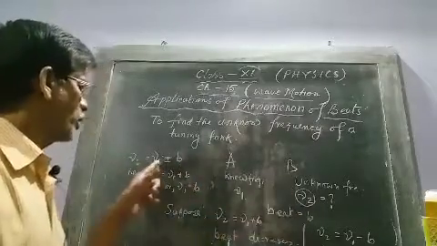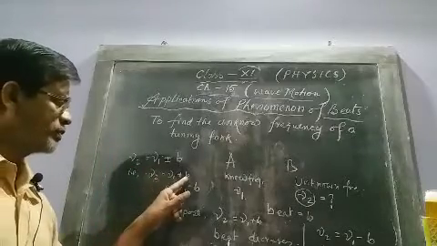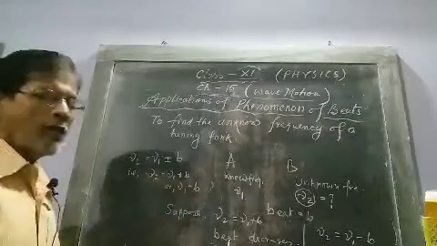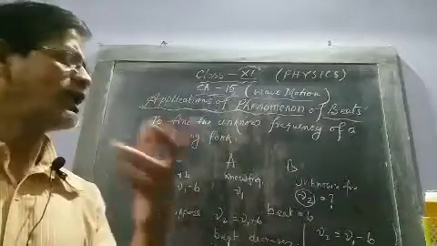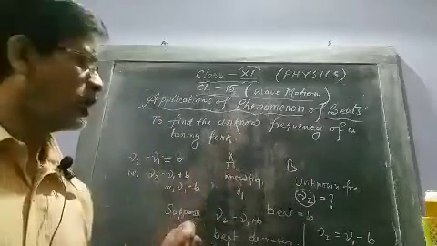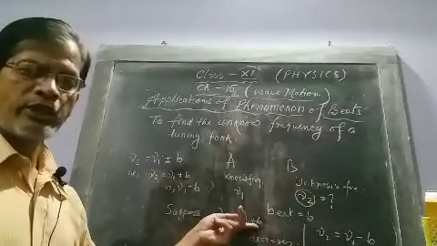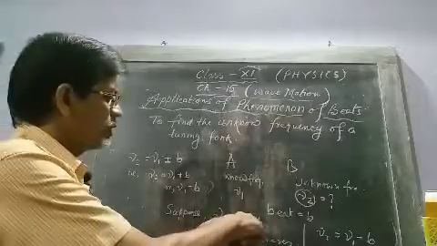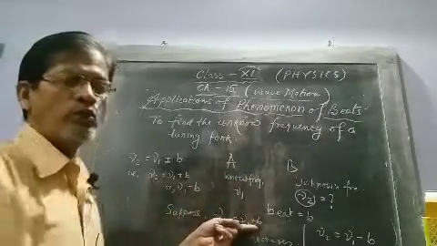So nu2 equals nu1 plus or minus b, that means nu1 plus b or nu1 minus b. First we considered that the unknown tuning fork has frequency more than the known frequency, that means nu1 plus b. So if you load this, its frequency decreases, and so the difference between these two decreases.